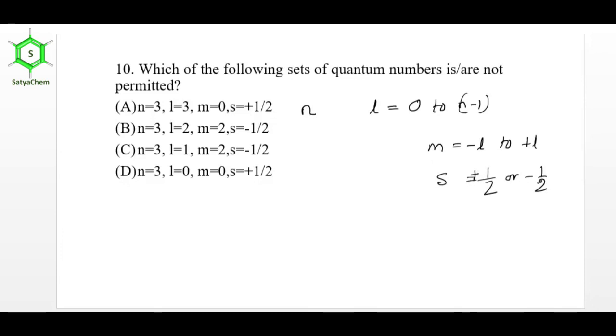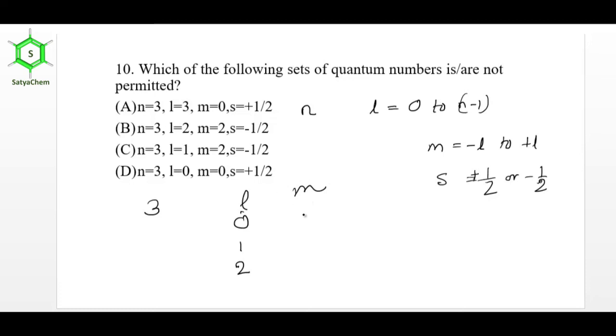Here in all cases n equals 3. Clear? So l can have values 0, 1 and 2. Considering this restriction, l can have values 0 to n minus 1 and m can have values minus l to plus l.